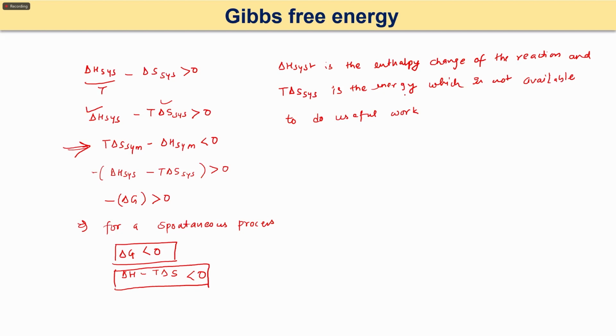Your delta G is the net energy available to do useful work and is thus a measure of the free energy.